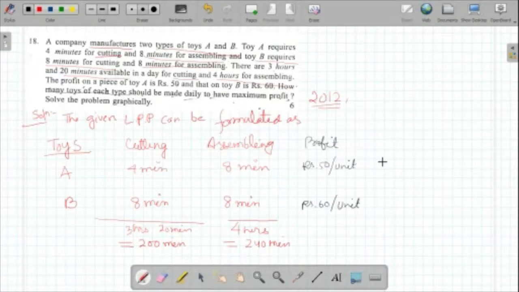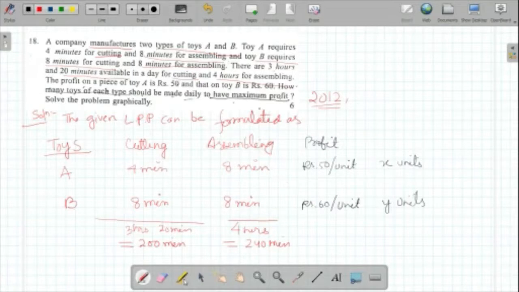Let's say we manufacture X units of A and Y units of B, right? And to have maximum profit, this is a question of maximizing profit, right?